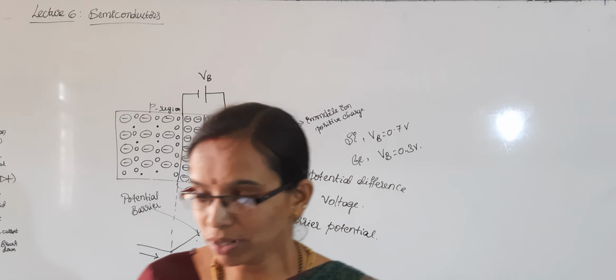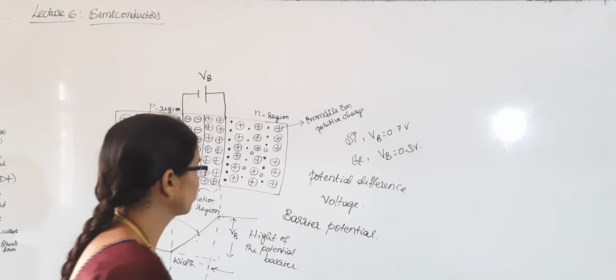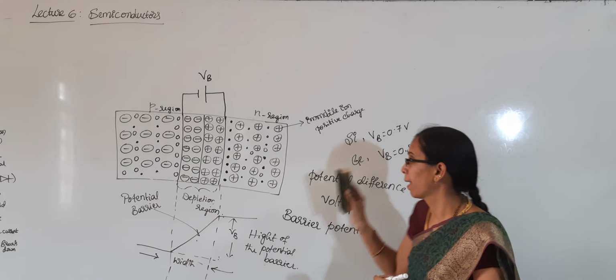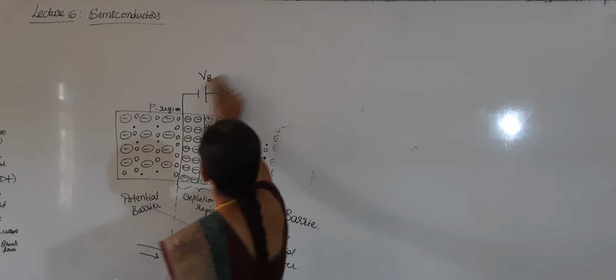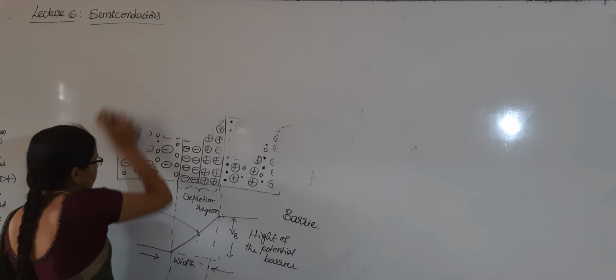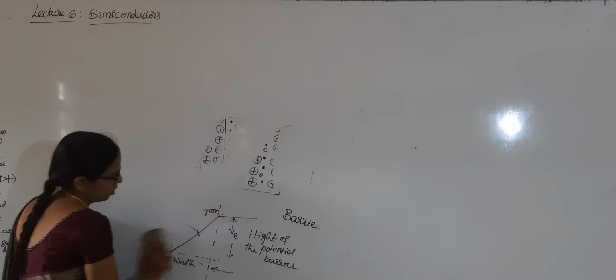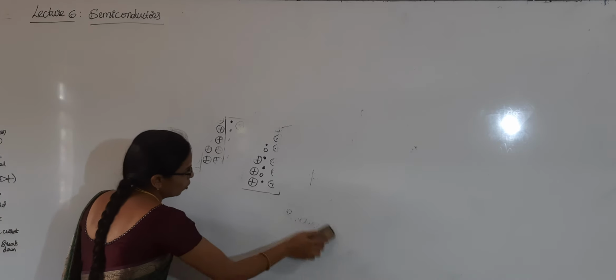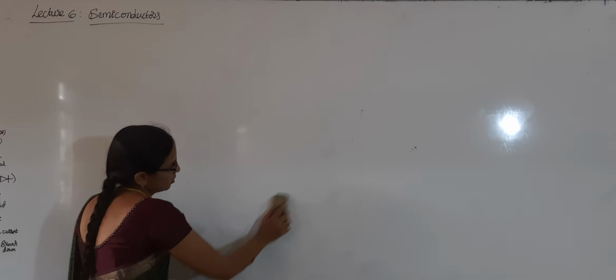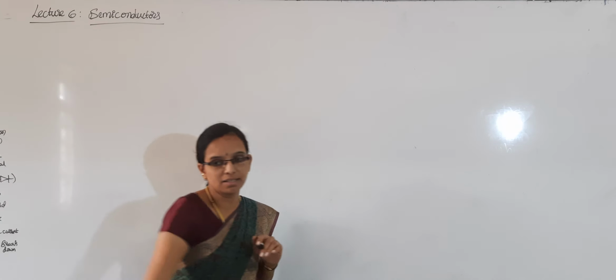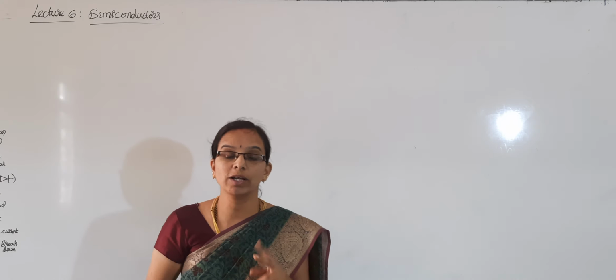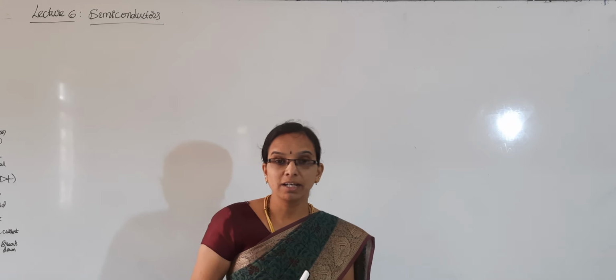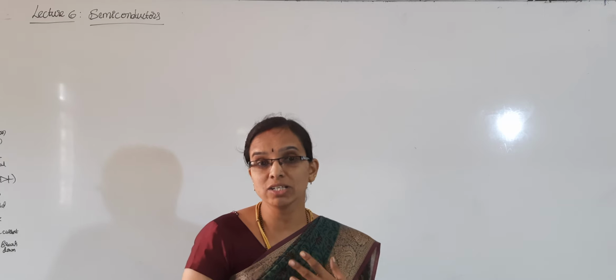Okay. Next one is types, P type and N type semiconductors, and what happened in the PN junction.